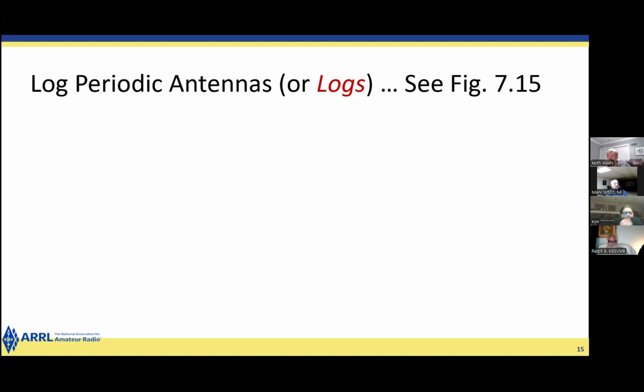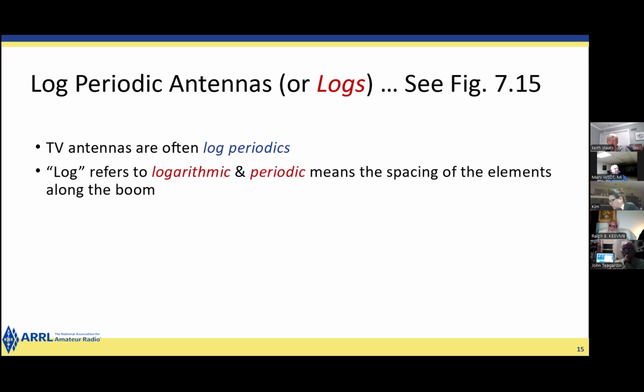So there is a thing called a log periodic. You've probably seen TV antennas, and those are log periodics, but they are essentially a long boom with the elements spaced out along the boom in a specific method of spacing them out.